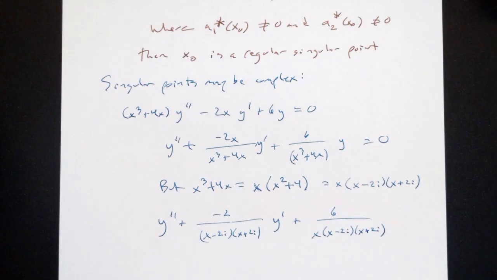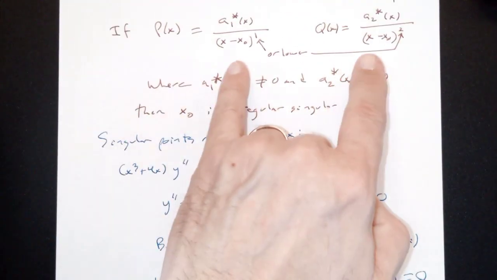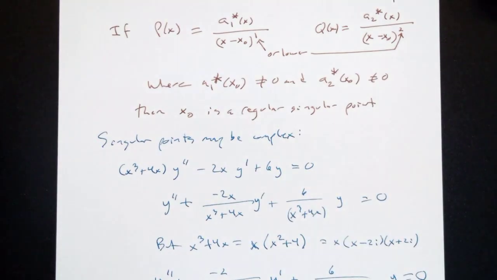I can tell you right now, without doing any additional work, that all three of these points are regular. Why is that true? Not actually because of i. It's actually because of the exponents of the terms in the bottom.